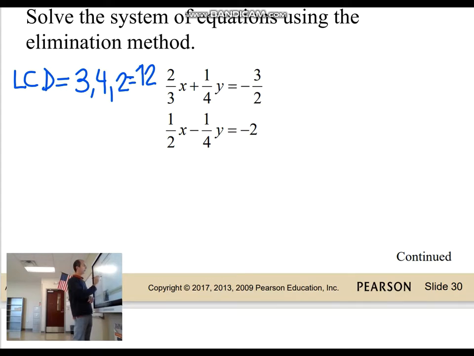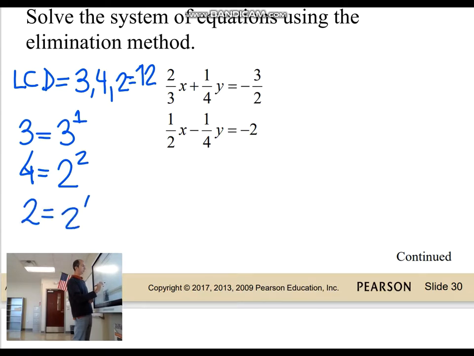If you don't remember how to find the lowest common denominator, we can have a quick reminder here. The first denominator is 3 exponent 1, the second is 2 exponent 2, and the third is just 2 exponent 1. You get each base that you find.